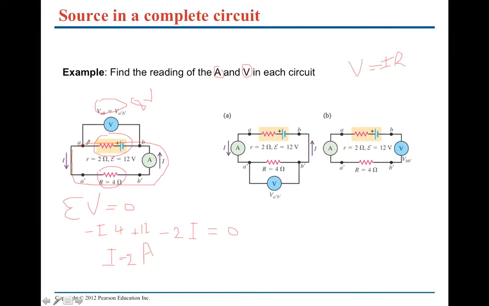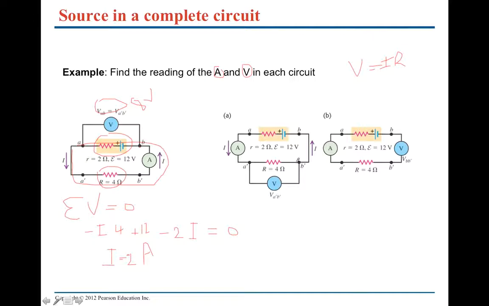And this should also be 8, because going from here to here is simply the same as going from here to here, since this is not going to introduce anything. Since I is equal to 2, 4 times 2 is 8. So V A prime B prime is also equal to 8. That's the voltage in here.